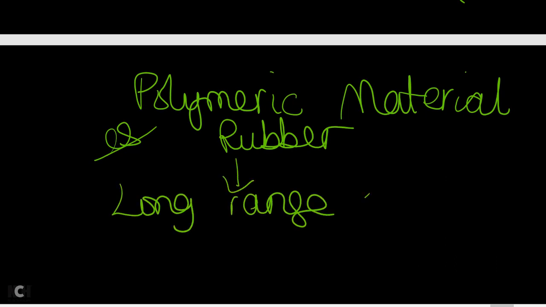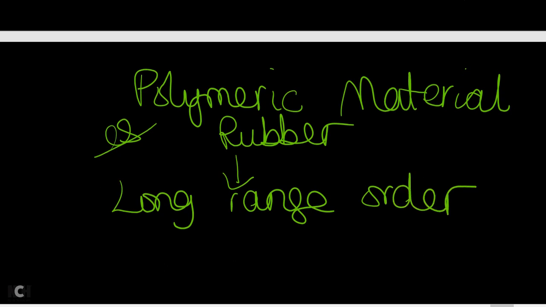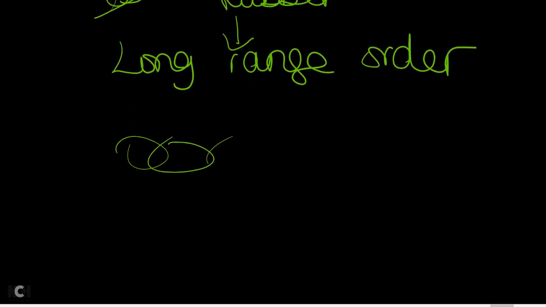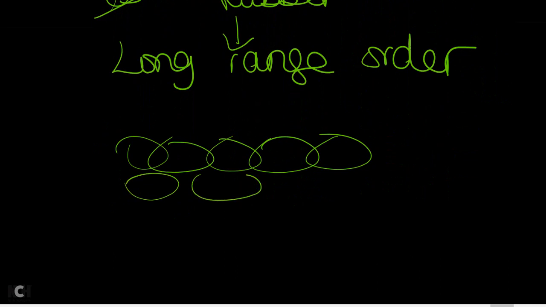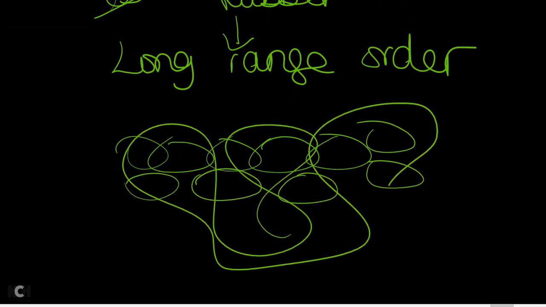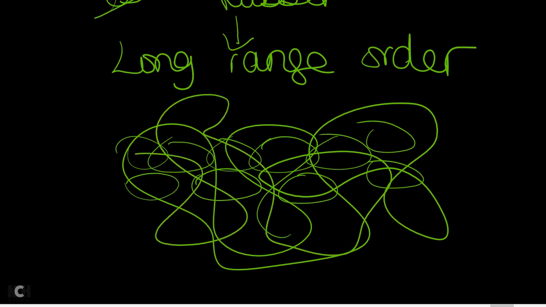So when you have a long range order, you have real long chains of molecules arranged, and they have a very tangled, if you want to look at it from a very layman's point of view, it's like a rope tangling up, right? Now when you apply a force, it results in the molecules having a straight arrangement, a chain arrangement, right?